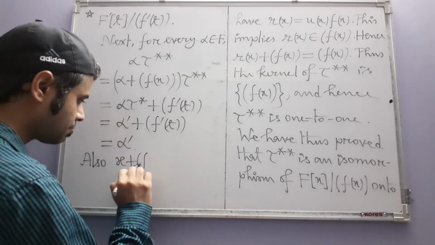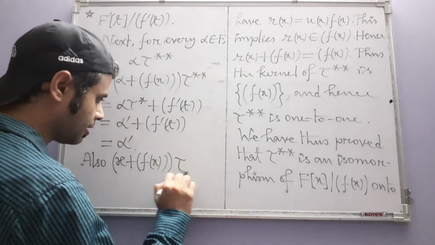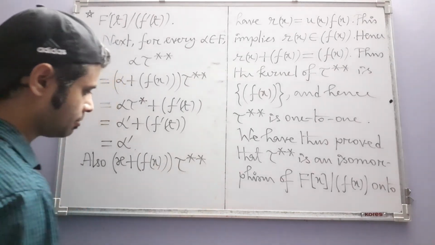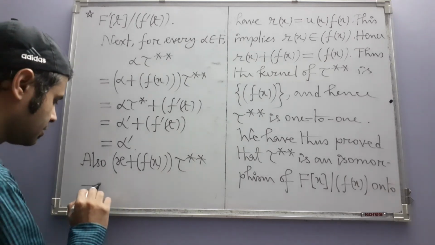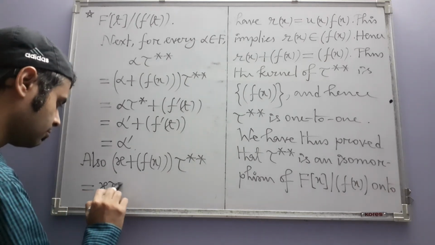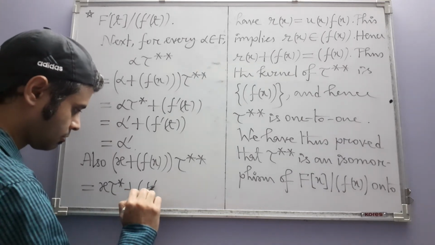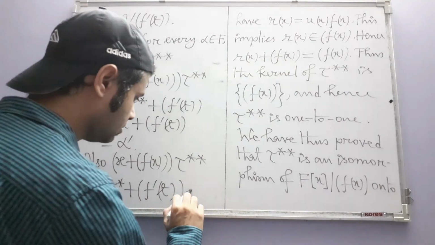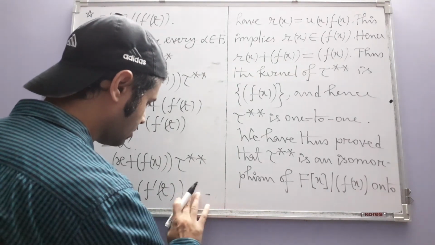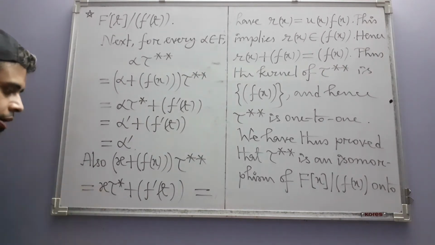Now if this particular coset is considered and on this we apply tau double star, then by the definition of this function, this is tau star plus the principal ideal generated by f prime t, which is equal to, now you apply the definition of tau star itself on this polynomial x.